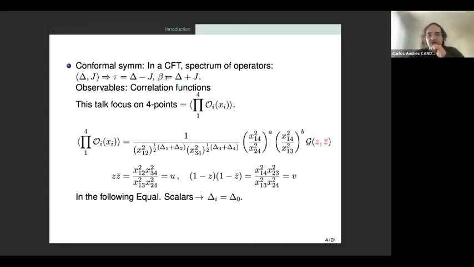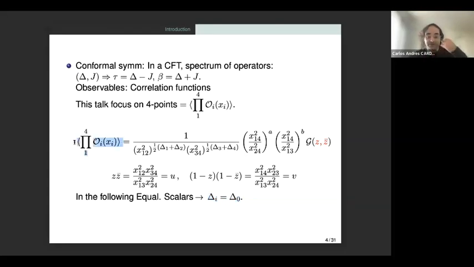So when I say tau or beta, you can as well think of delta and j, spin and conformal dimension. And also I'm going to constrain myself to 4-point functions of scalars, and even more, I'm going to consider the simplest thing, which is that I have 4 scalars in the 4-point function and they have the same dimension. So essentially they are the same guy, 4 times.